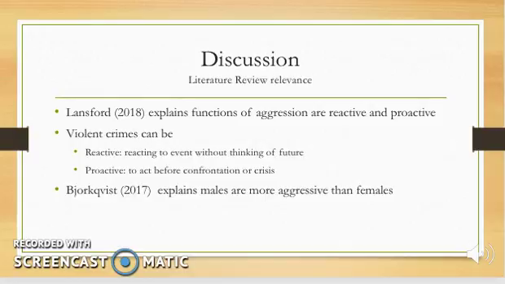Also, an example of proactive violent crime could be if an individual has a rivalry with another individual and seeks to commit murder, and didn't wait until there was a confrontation or anything. He just acted before the crisis or before the confrontation.